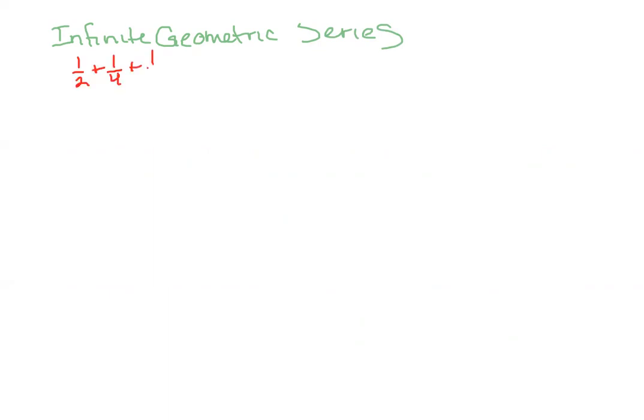All right, that is a geometric sequence or a geometric series that is finite, that has an ending, but we have some infinite geometric series. Okay, on this next page, we have 1/2 plus 1/4 plus 1/8 plus 1/16 plus ... It's going on forever. S1 is 0.5.